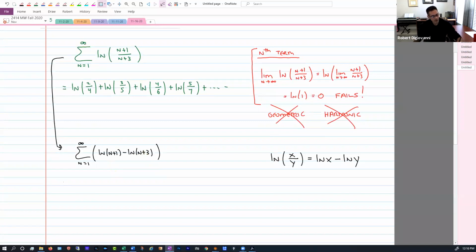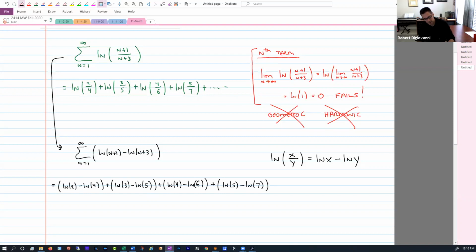Once we rewrite it, now when we start writing out the sum, we'll get natural log of 2, minus natural log of 4, plus natural log of 3 minus natural log of 5, then plus natural log of 4 minus natural log of 6, plus natural log of 5 minus natural log of 7, and so on and so forth.